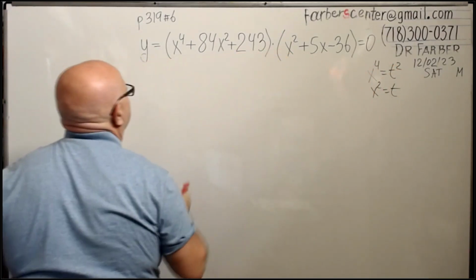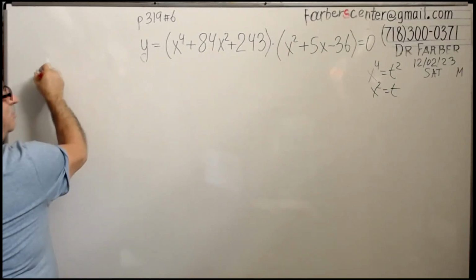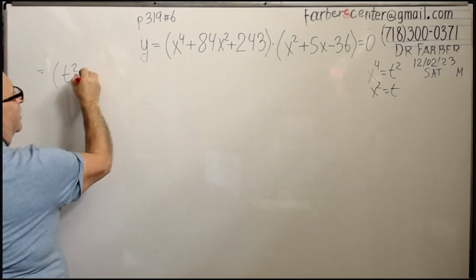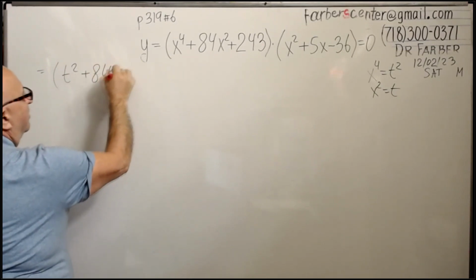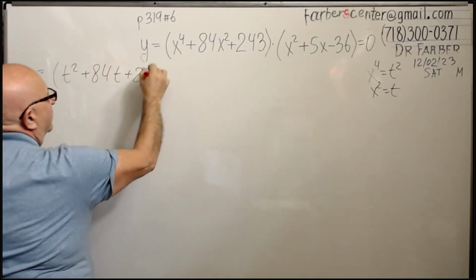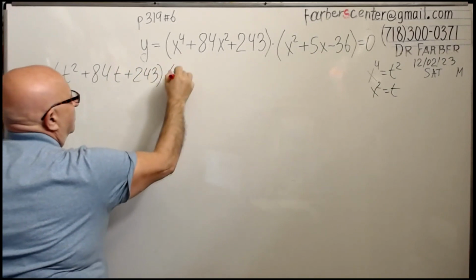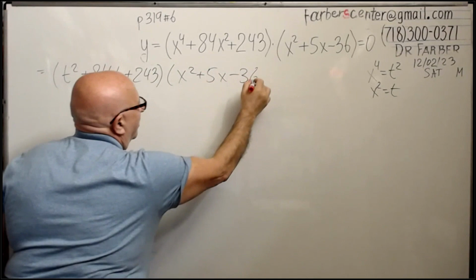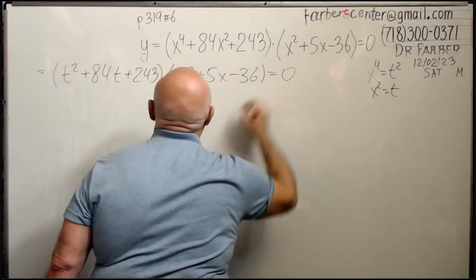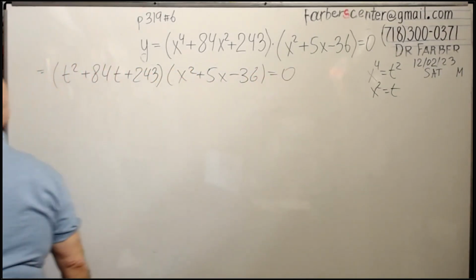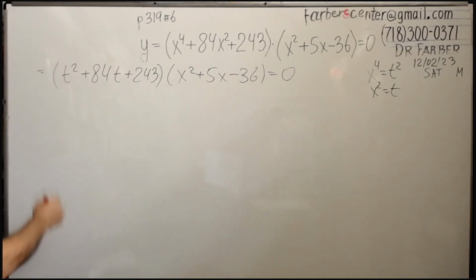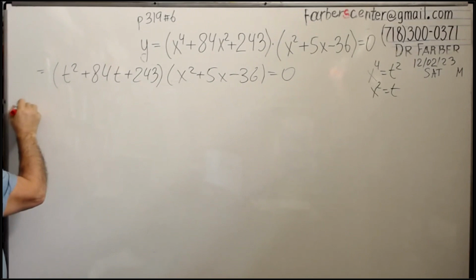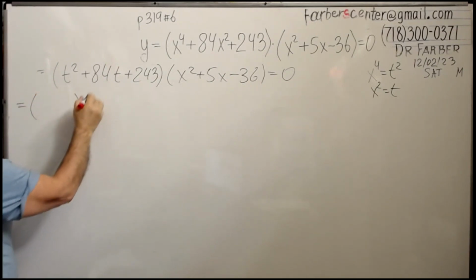So I can rewrite this. It's equal to t to the second plus 84t plus 243, and multiply by this one. Now, since this is a quadratic equation, I can apply the Francois-Viete theorem and factorize it.